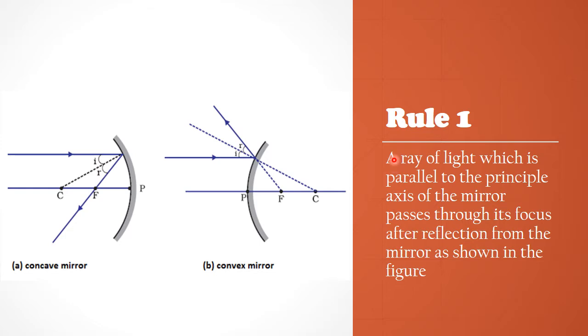Your first rule states that a ray of light which is parallel to the principal axis of the mirror passes through the focus after reflection from the mirror, as shown in the figure.